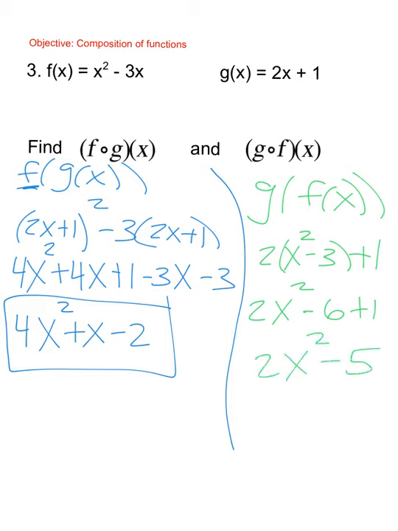Okay, so now, if you think about the domain and range of these, the domain for both of these is all real numbers. The domain for the original functions is all real numbers. However, the range for g of x is all real numbers. The range of this one, you have to complete the square, you have to figure out your vertex point, right?